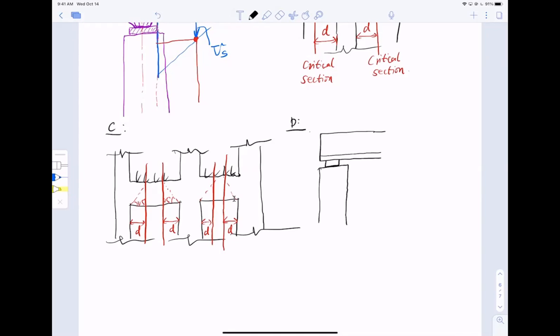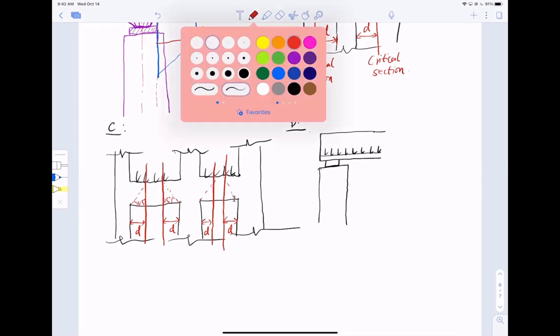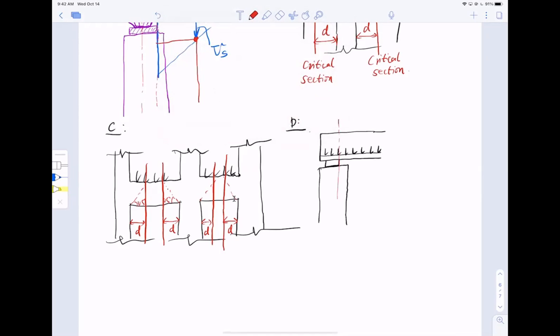Now if I have distributed load on the lip, my critical section will be distance d away from the edge of the support, at 45 degrees. But in this case, also include this one. So I have two critical sections now.